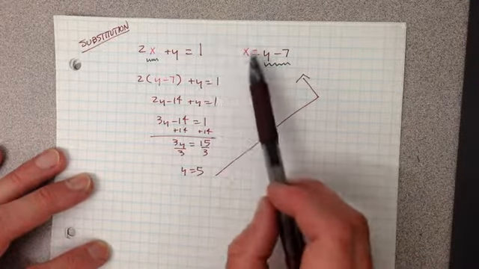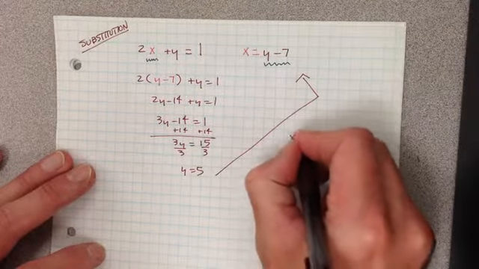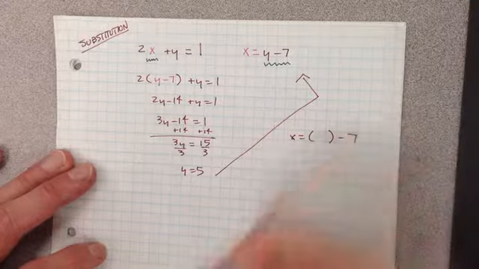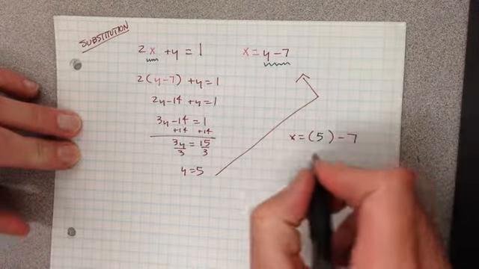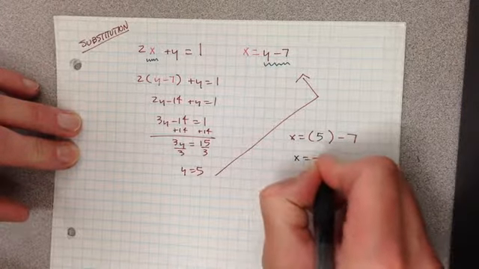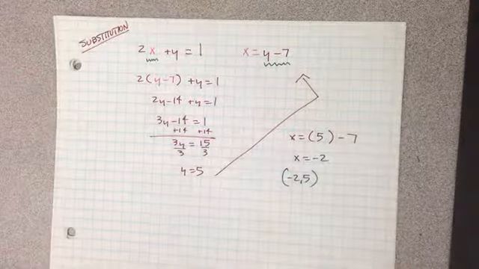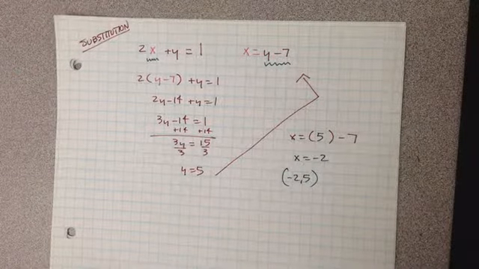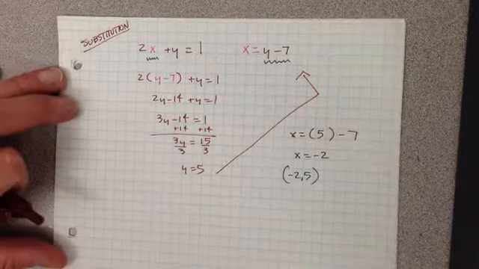It doesn't matter which, whichever is easiest for you, hopefully. So x equals y minus 7, and in this case, y happens to be 5. X equals negative 2. Solution, (negative 2, 5). Same thing that we have reached with our previous three techniques. We will do one more.